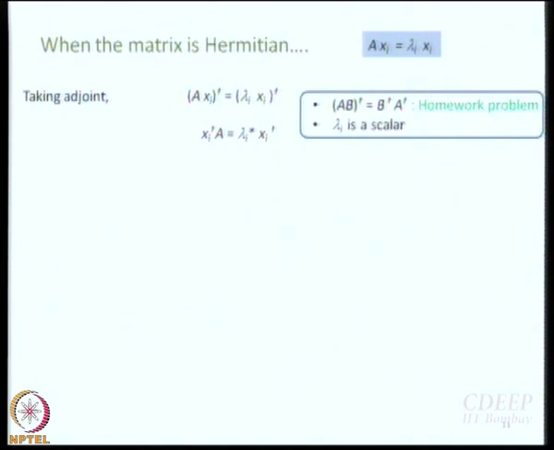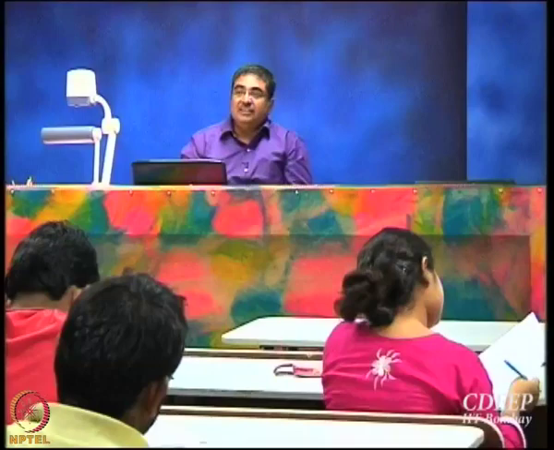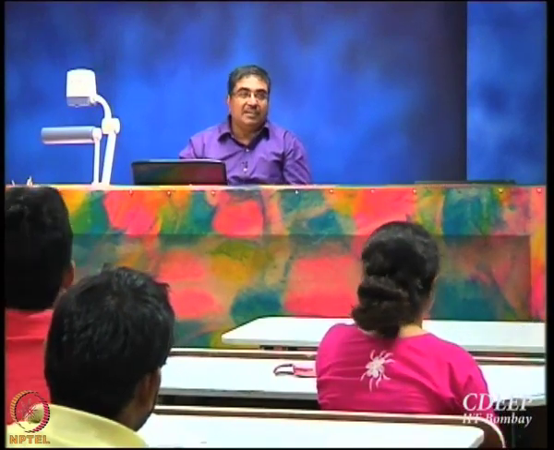So if that is the case, will you agree with me that the second equation goes on to become xi dagger A is equal to lambda I star xi dagger, right. People who got an eigenvalue that is complex are going to need lambda I star, but their neighbor is not going to worry about the star because the eigenvalue they got is a real eigenvalue.